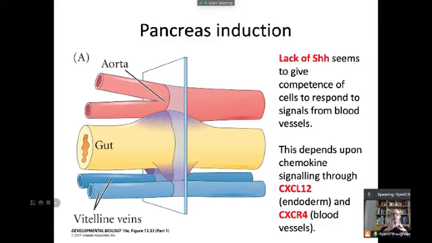So we need the correct combination of chemokine signals and chemokine receptors to spatially determine competence to form pancreas compared to liver and other related tissues.